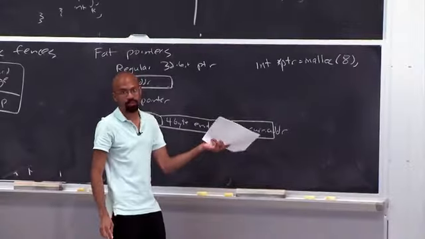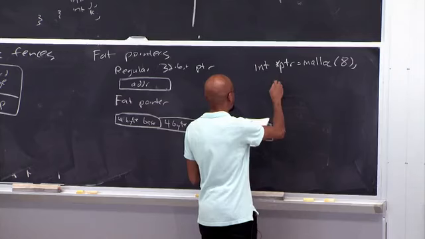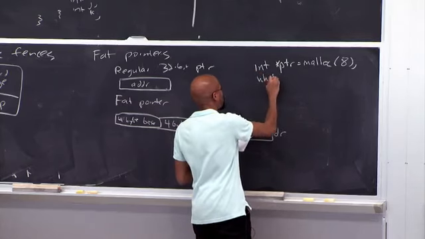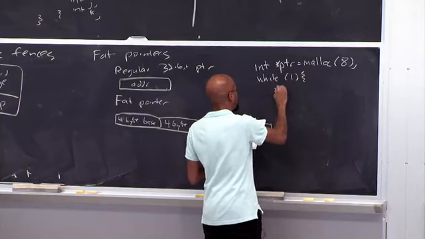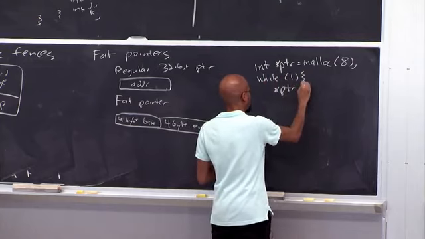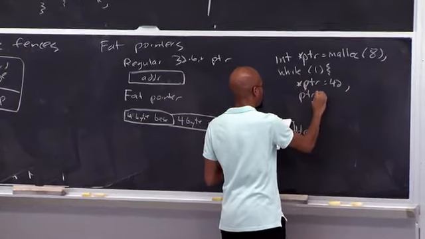Assuming we're on a 32-bit architecture, this should point to space for 2 integers. Then I have some while loop that just assigns some value to the pointer and then increments the pointer.